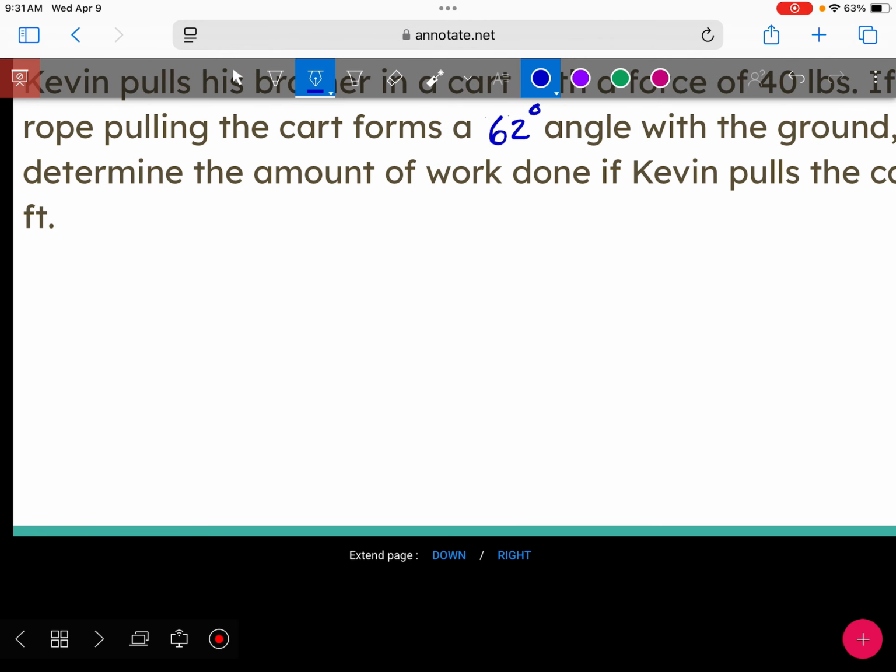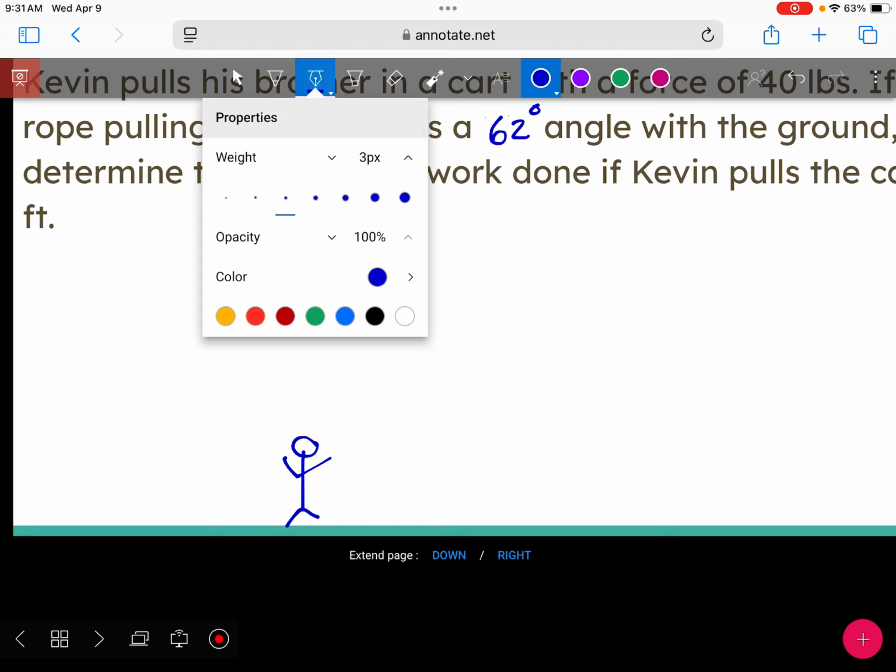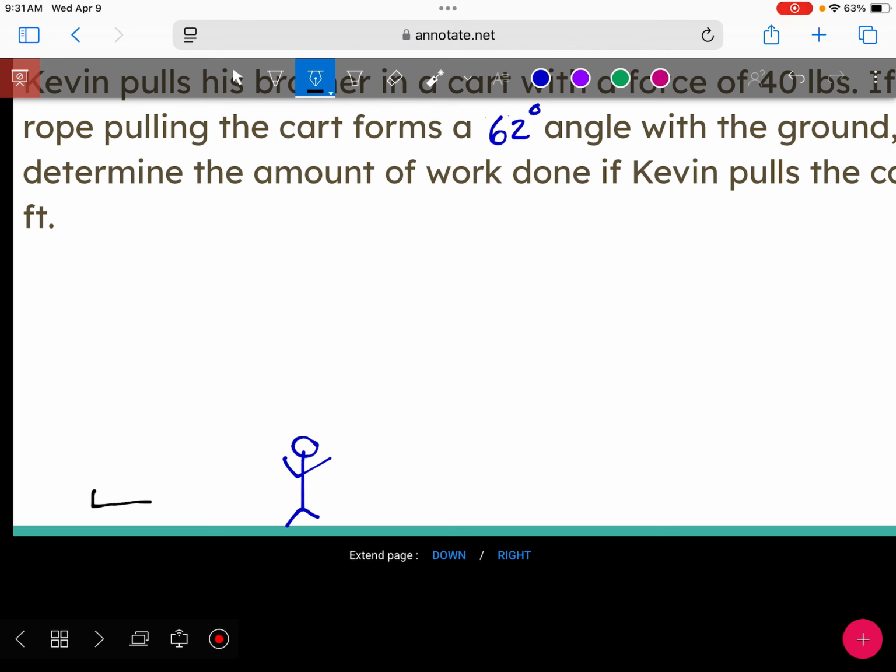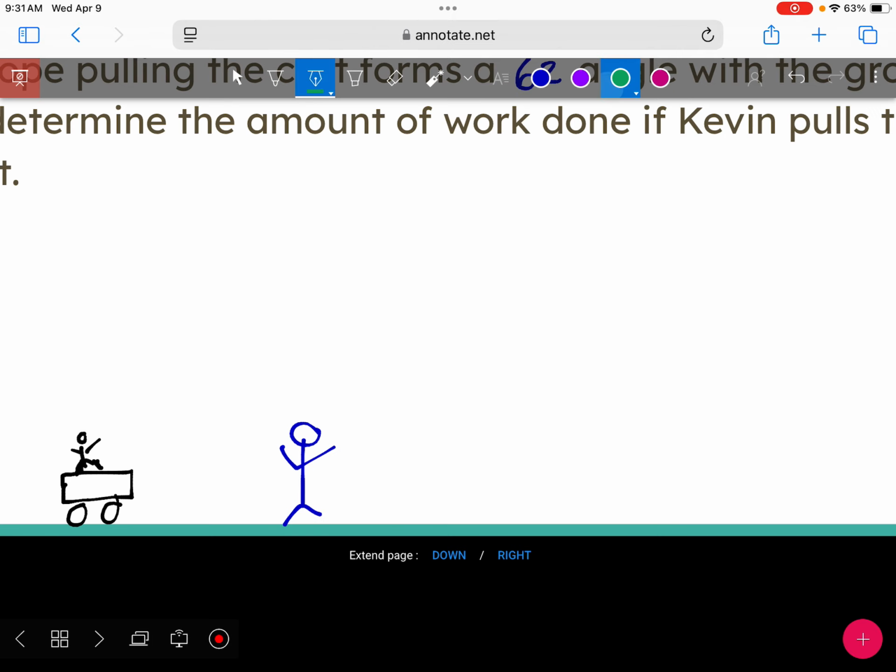All right, so again, we're going to get some beautiful art. Here we've got Kevin, and we've got his wagon with his little brother. So he's tiny. He's excited. There we go. Now he's standing in the wagon. It's very unsafe.